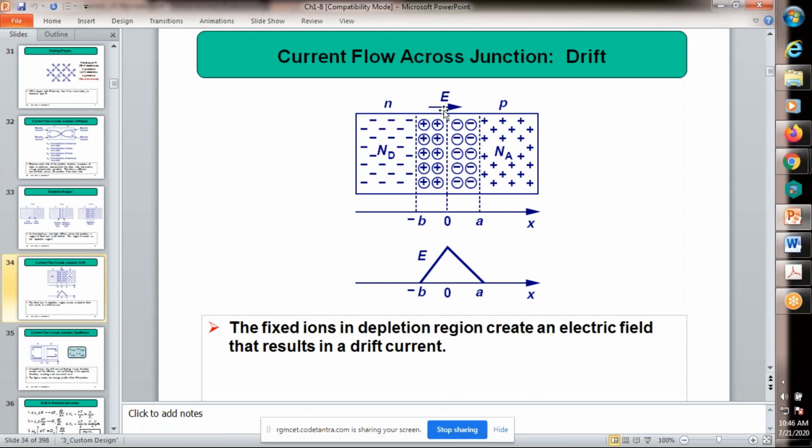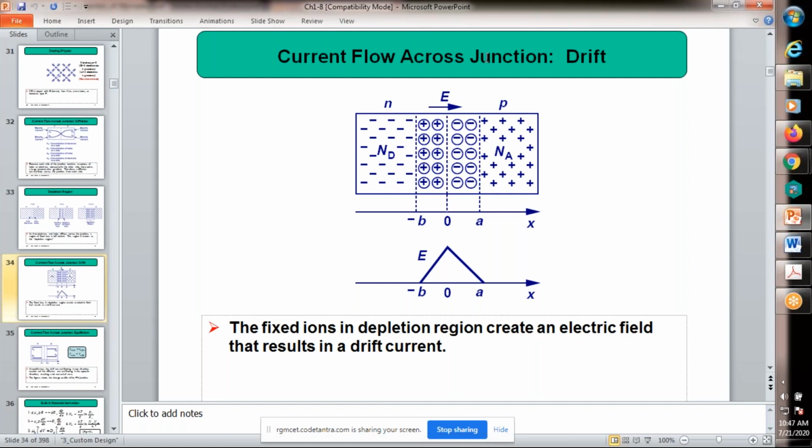If there exists an electric field, indirectly there exists a voltage. Due to this electric field, drift current flows. Drift current flows through the semiconductor whenever an electric field is created.